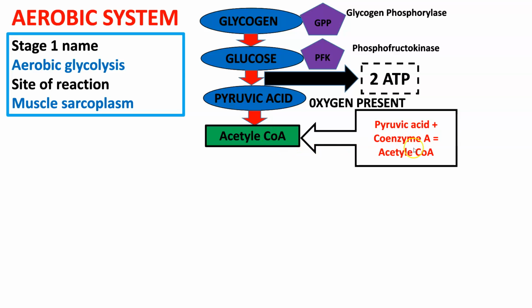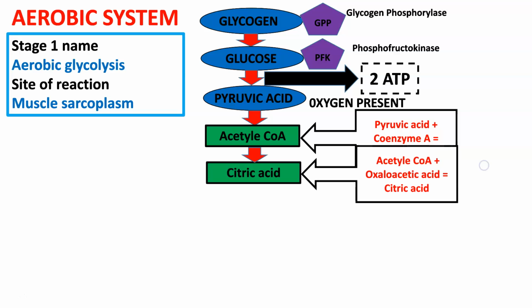Okay, so what happens now is we're slowly getting access into the mitochondria, specifically the mitochondrial matrix where the Krebs cycle takes place. But firstly, this acetyl-CoA has to attach to a molecule called oxaloacetic acid. So acetyl-CoA plus oxaloacetic acid equals citric acid.